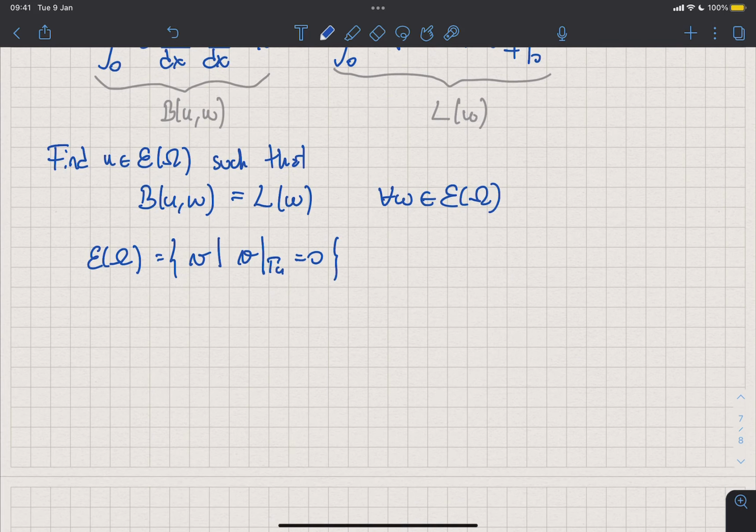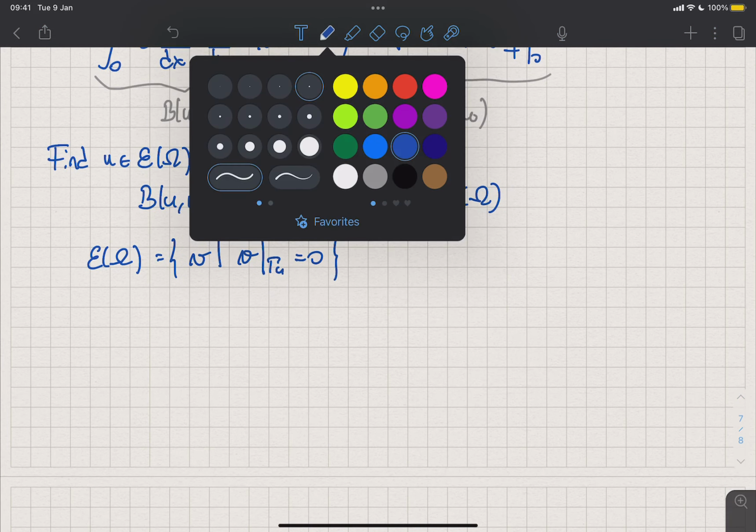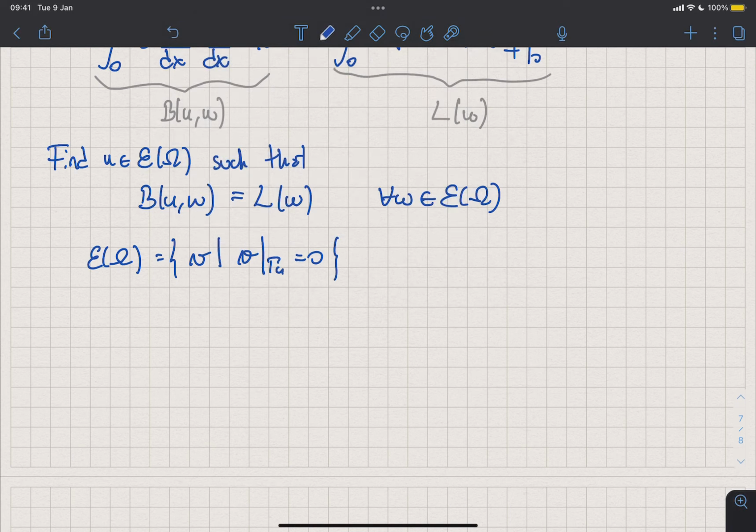Now, in order to get to the Galerkin form, we just basically replace every U by UH and every W by WH, and then we get our discrete form of the problem.